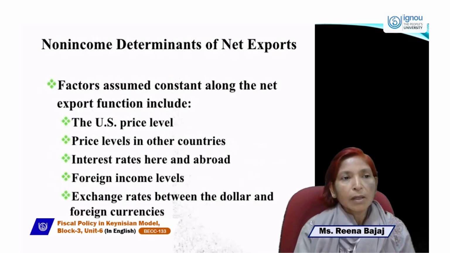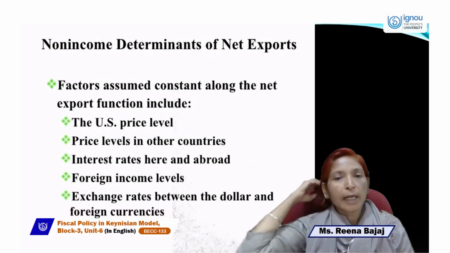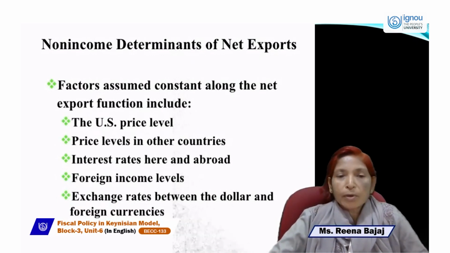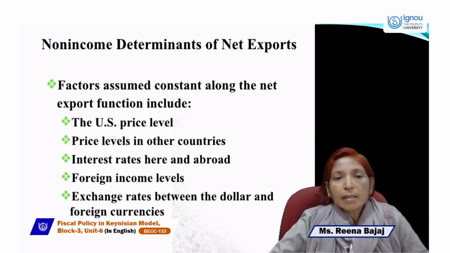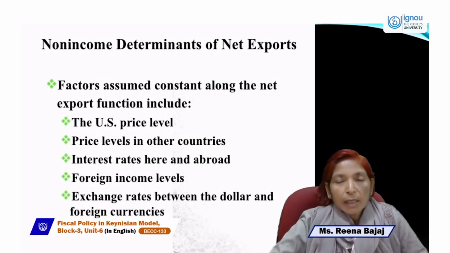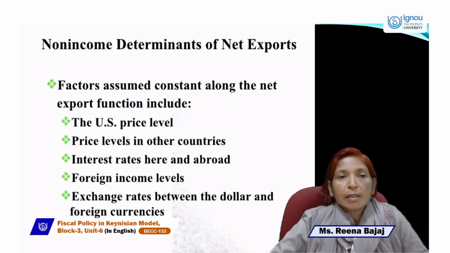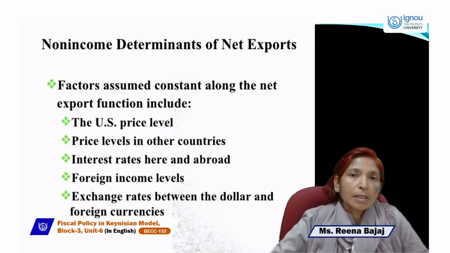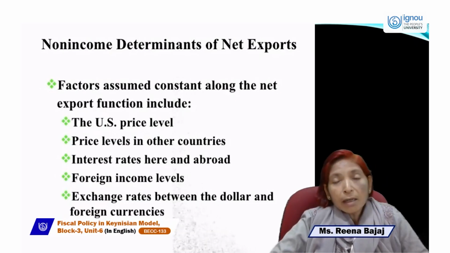Now, next is non income determinants of net export. What are the factors which determine the net export function? The factors which we assumed along with the net export function include, first, the price level. Net export depends upon the price level of the foreign country. If the price level is higher in our country and lower abroad, then our country's product will become more expensive.